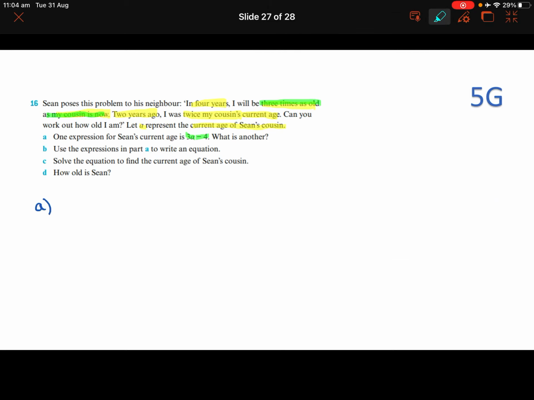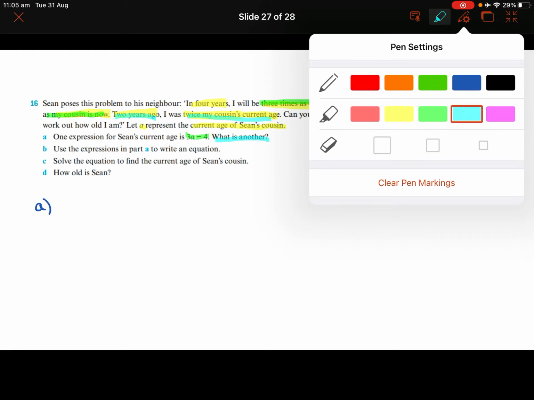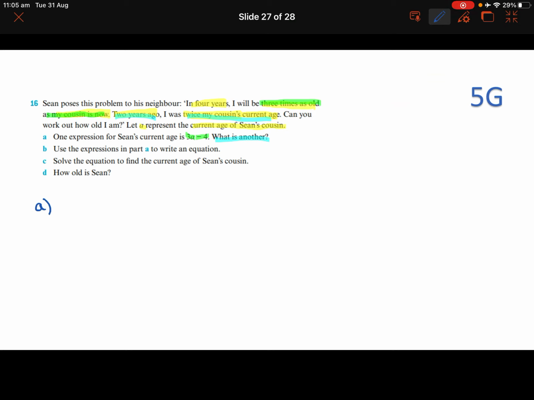So let's look at the next bit, because it says, what is another expression? And it's told us that in the question. It said, 2 years ago, I was twice my cousin's age. And we're letting A be the cousin's age at the moment. So twice would be 2A.